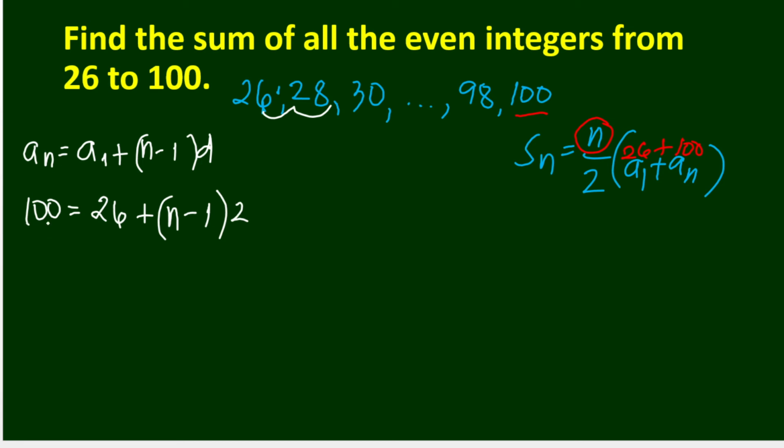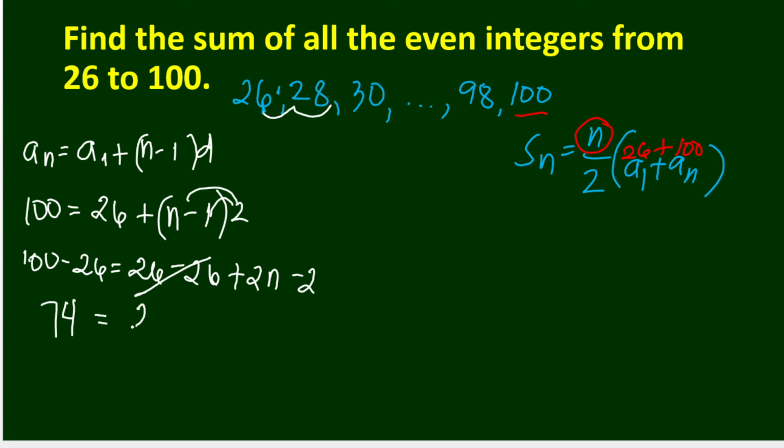So, mag-subtract na tayo ng 26 both sides. So, we have 100 minus 26 is equal to 26 minus 26. Distributive property na tayo, plus 2n minus 2. Let us cancel this. So, 100 minus 26, that is equal to 74.